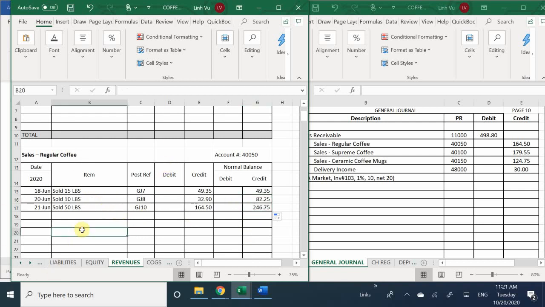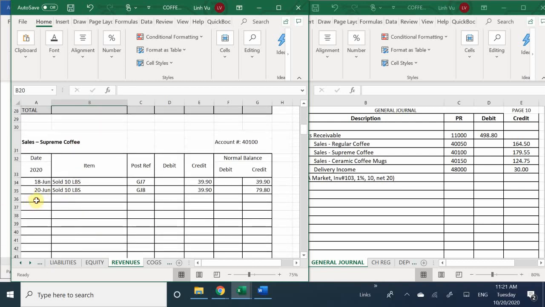Good. Next one is going to be Supreme coffee. How many pounds did I sell? 45 pounds. General Journal number 10 for 179.55.